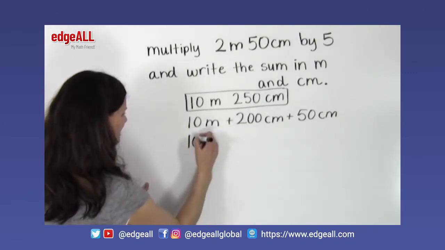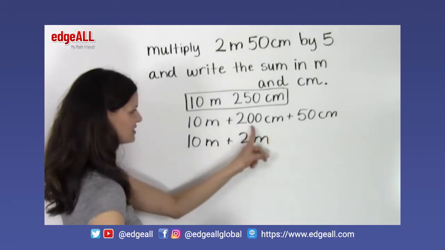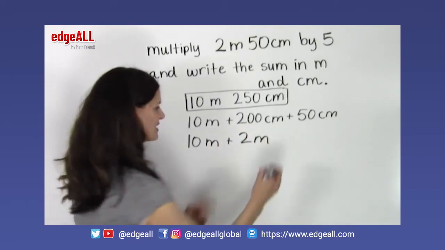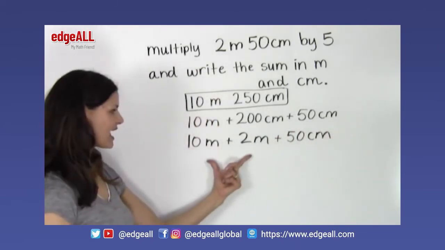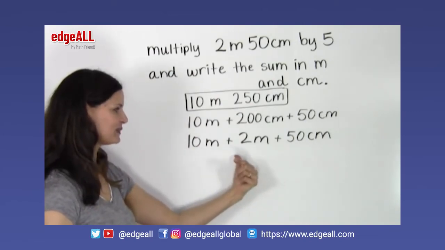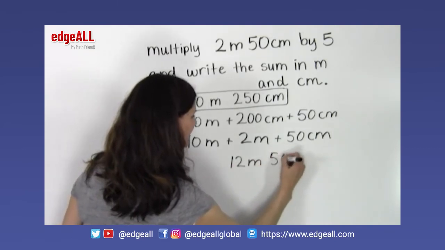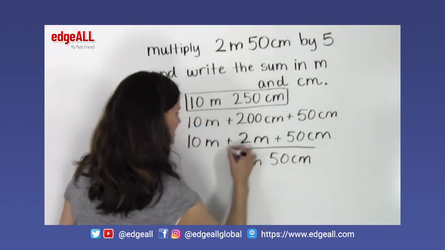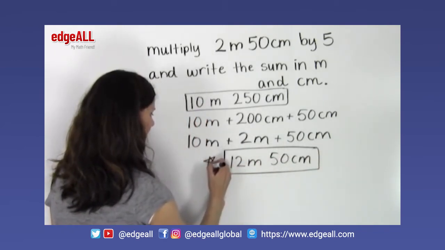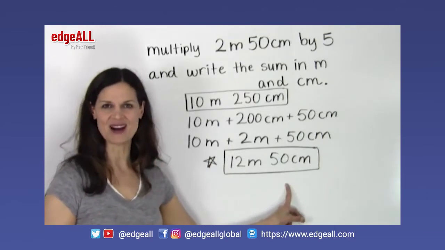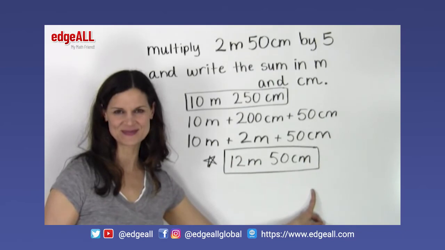So I can again rewrite this as 10 meters plus 2 meters plus 50 centimeters. Now I can combine my 10 meters plus 2 meters to get 12 meters, 50 centimeters. This is my simplified version of the answer, and this is the way that I would want to report my answer: 12 meters, 50 centimeters.